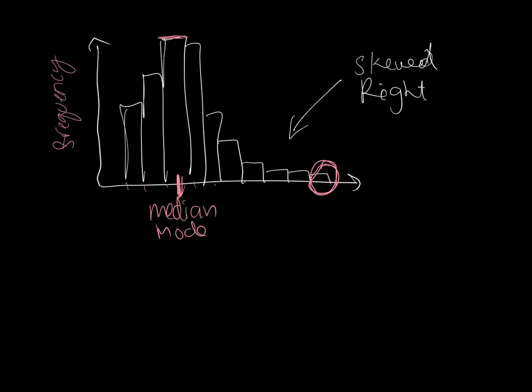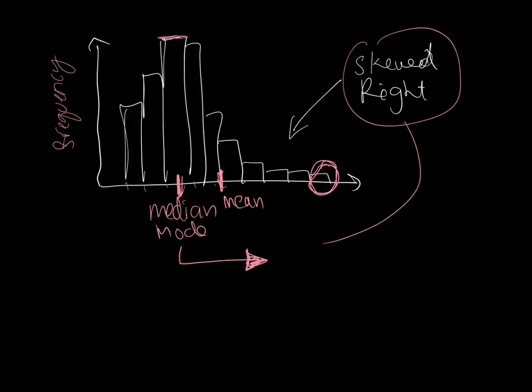So now instead of my mean lying with the median and the mode, my mean is going to move down to the right. So now this is my mean. Instead of being in the middle, it moves to the right, which is another reason why they say it's skewed to the right, because my mean has moved to the right.